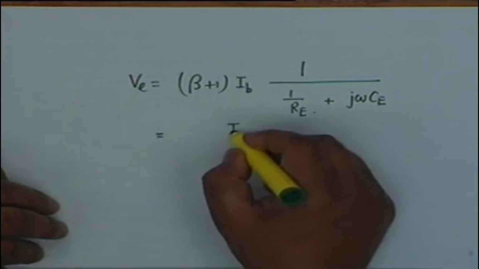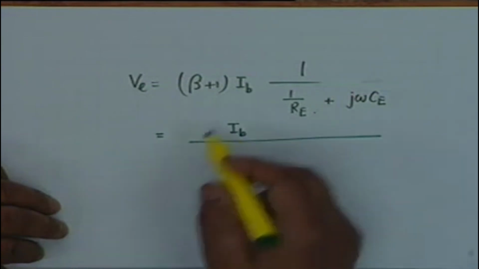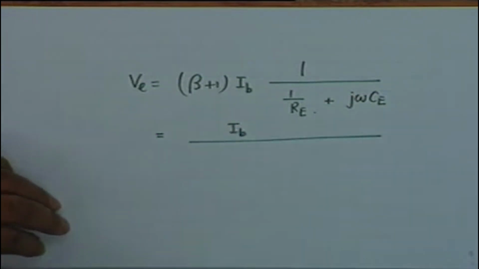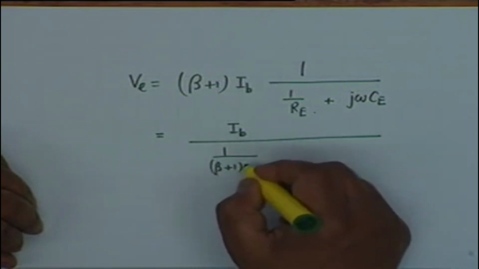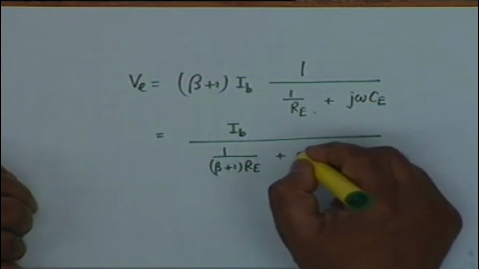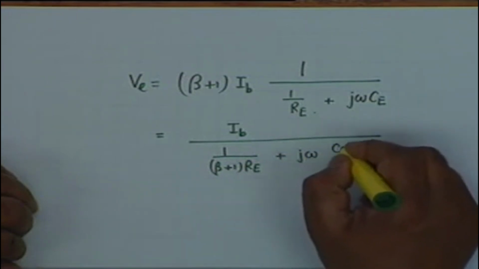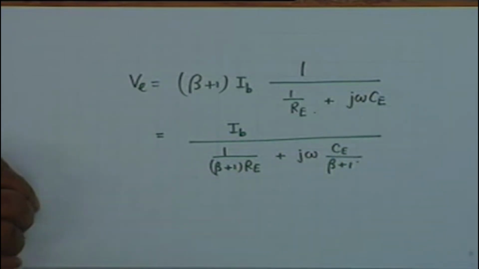This I can write as I sub B multiplied by, now I divide both numerator and denominator by beta plus 1. Then I get 1 over beta plus 1 Re, plus j omega Ce divided by beta plus 1. Is that okay? Is that clear?